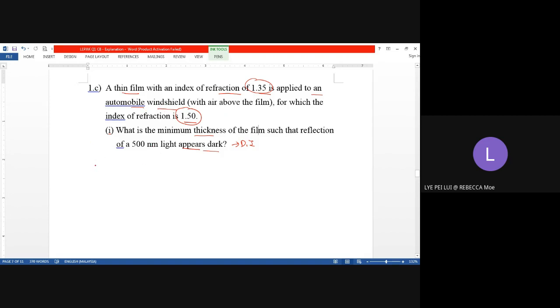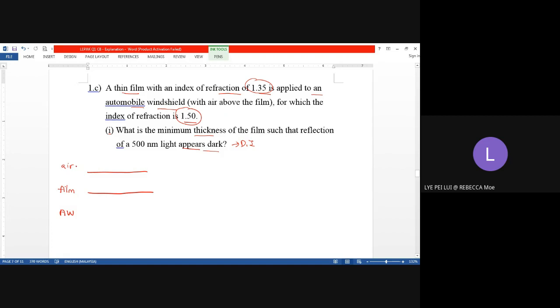Okay, let's say we have a first layer, I draw a straight line. Here is the air, the film, and then after that the automobile windshield, so we have three layers.